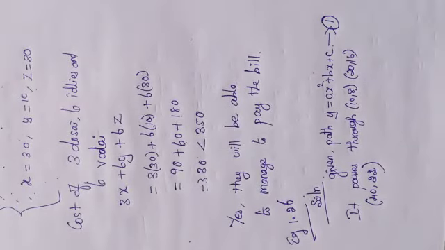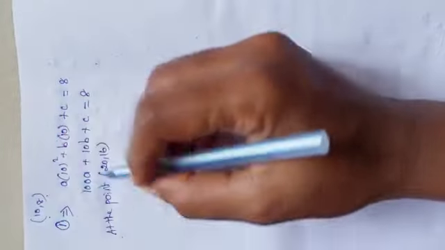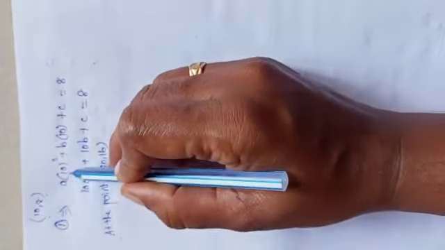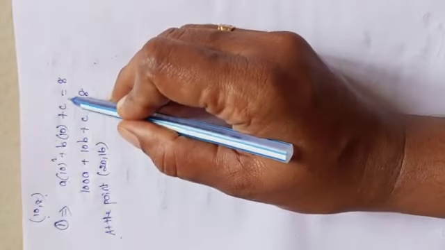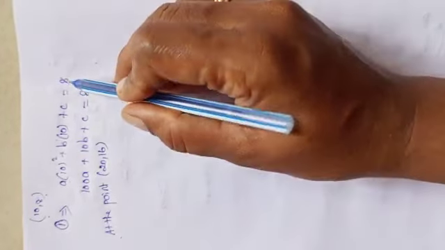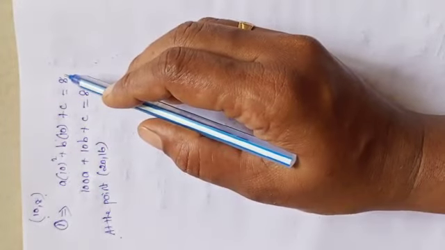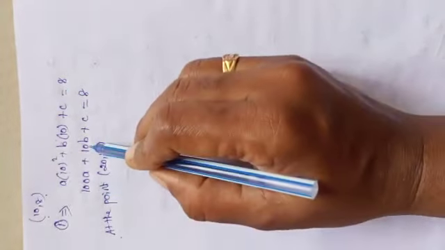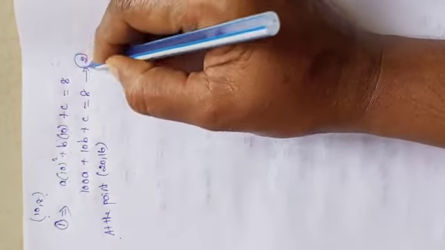At the point 10, 8: a into 10 squared plus b into 10 plus c is equal to y, that is 8. I have taken the y to the right hand side, that's all. 100a + 10b + c = 8. This is equation number 2.